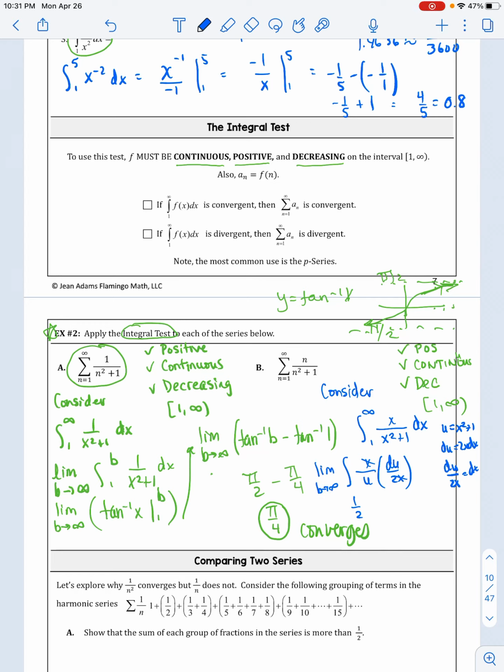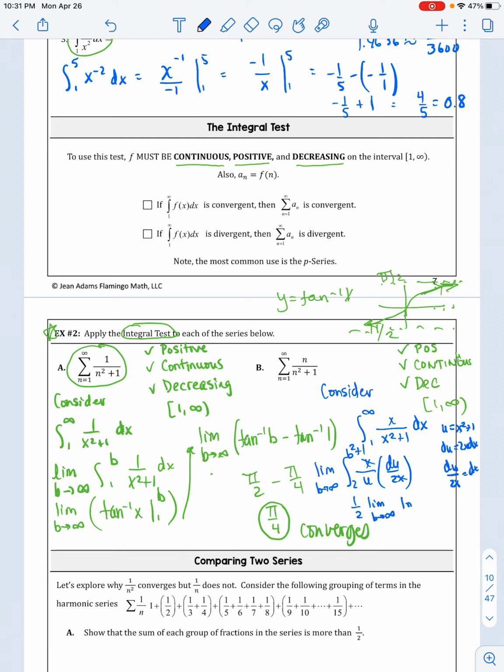I'll pull that 1/2 out in front. Now, I forgot my limit, sorry. Limit as b goes to infinity. But I did not put my 1 and my b back in because I want to leave my u alone. So 1 squared plus 1 is 2, and then b squared plus 1.